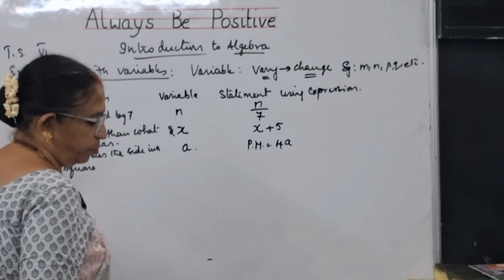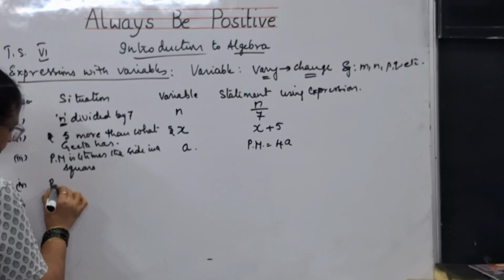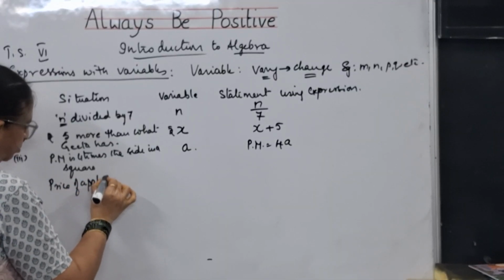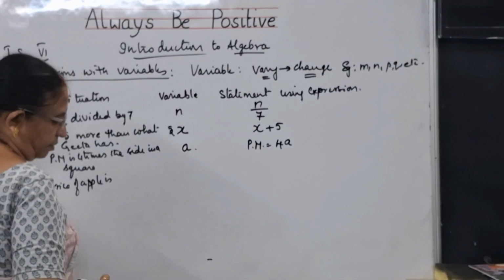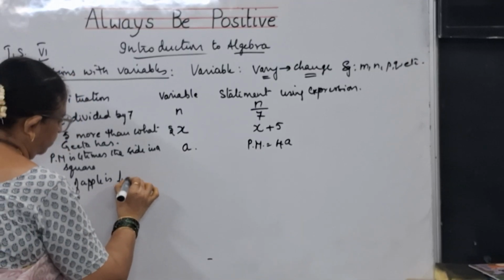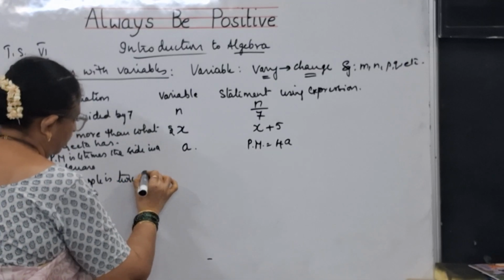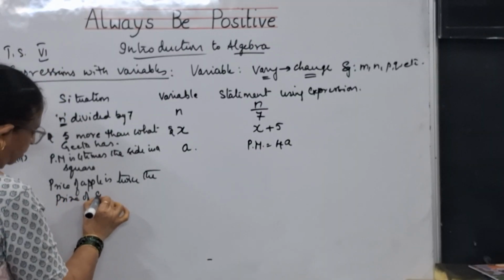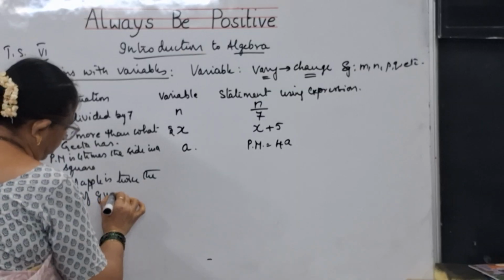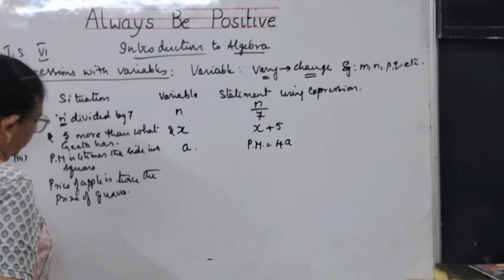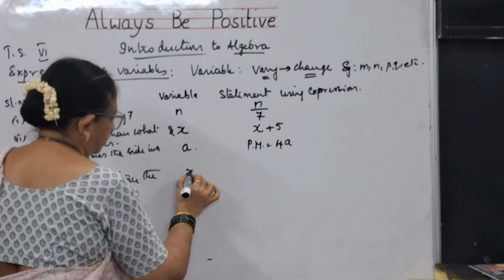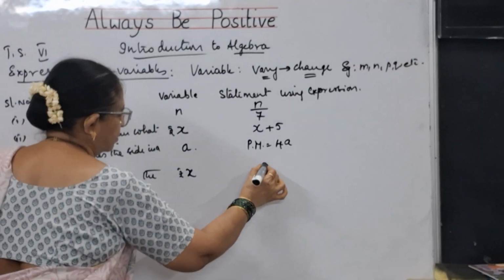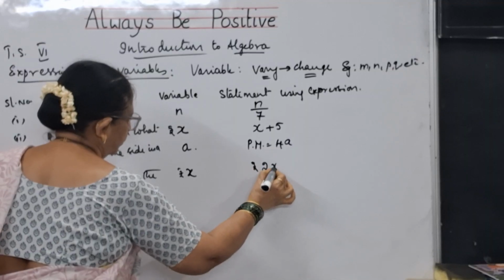Fourth one, we'll say price of apple is twice the price of guava. So price of guava we are considering as x rupees. So price of apple is twice the price of guava, rupees 2x.